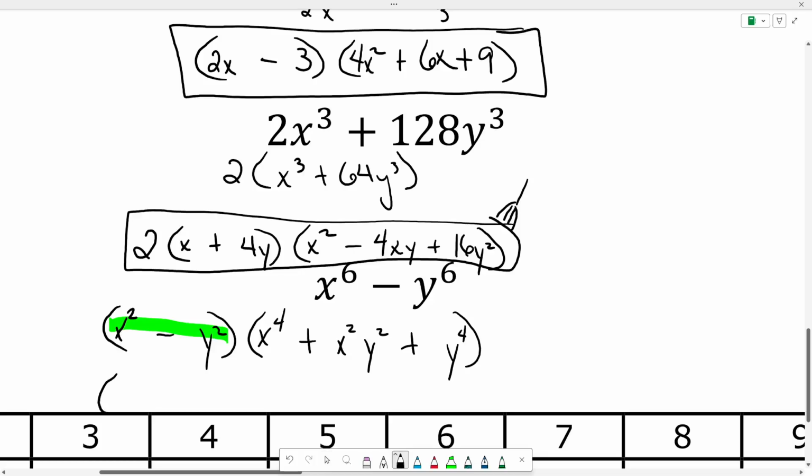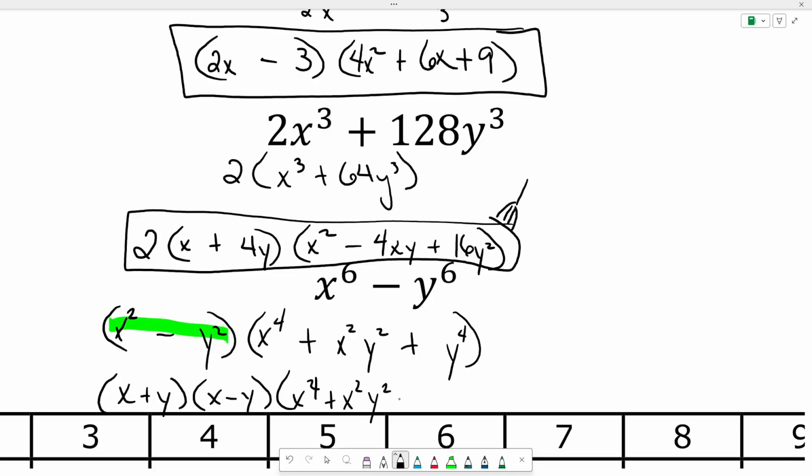So this becomes x plus y, x minus y. And then I have this piece at the end, x to the 4th plus x squared y squared plus y to the 4th. And now you can put a fork in him. He will be done.